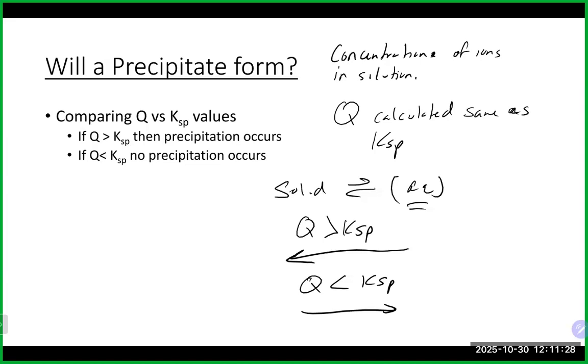If you add too much of a reagent, you may lower the concentration of your ions to a point where you will not see the precipitate form, even though it should based on solubility rules. So concentration is a really big effect on solubility.